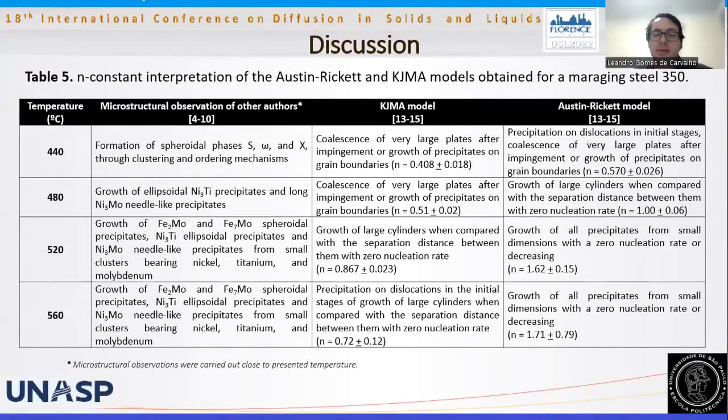Thus, a comparative analysis of the microstructural evolution of the precipitates performed by other authors, presented in Table 5, shows that the interpretations for the Austin-Rickett model are closer to the microstructure observations performed by other authors than the KJMA model.